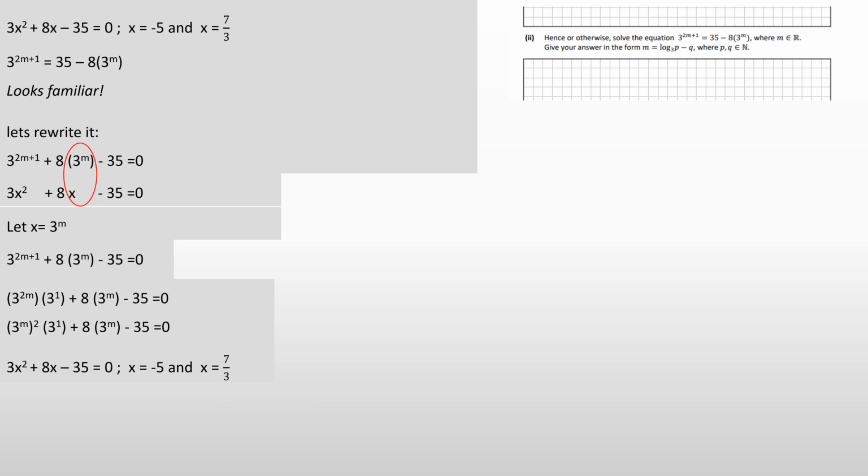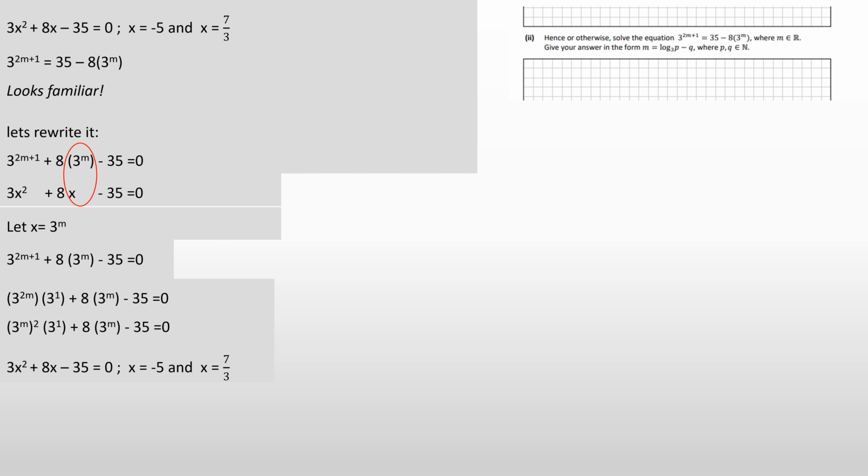So instead of saying (3 to the power of m) squared times 3, we can say 3x squared. And instead of saying 8 times 3 to the power of m, because 3 to the power of m is the same as x, we can say 8x. And then the 35 remains minus 35.